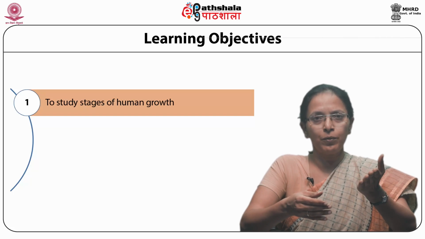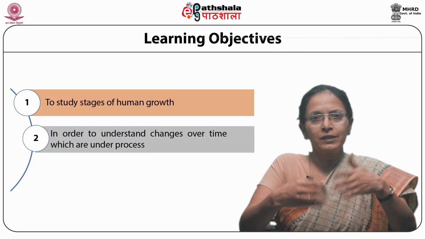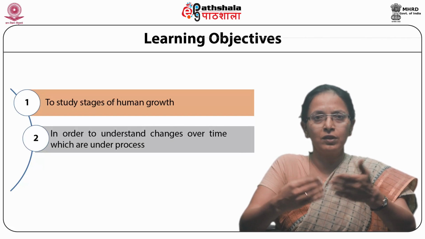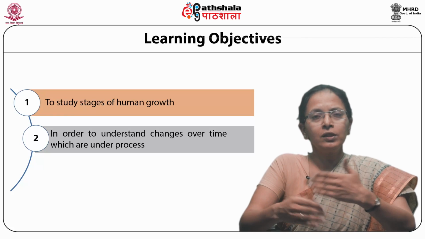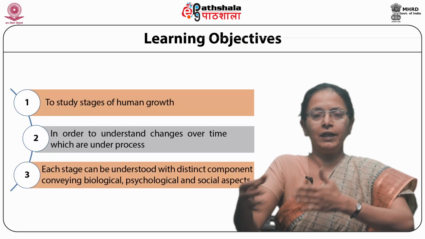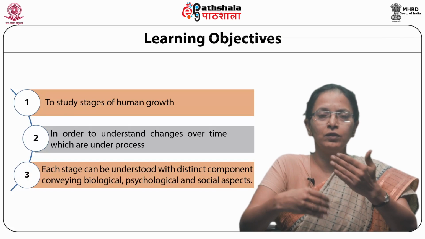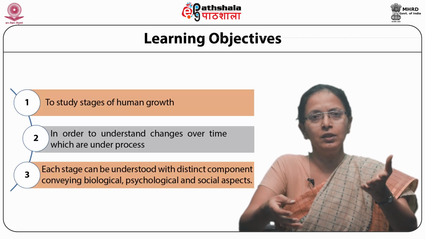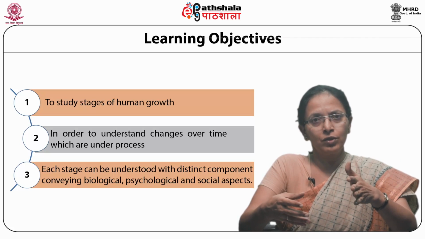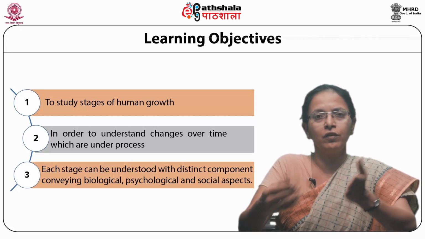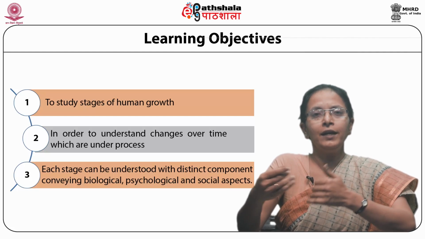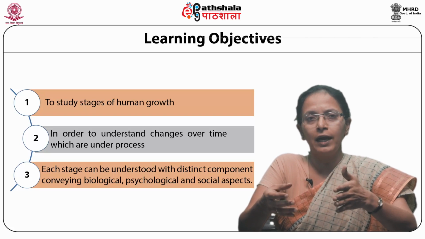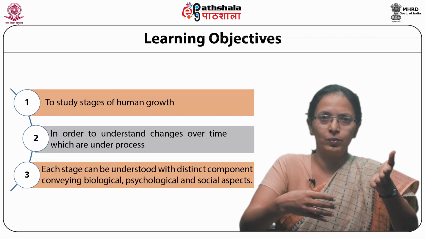Besides this, we are supposed to understand the physical and physiological changes along with these different stages of life. All these stages can be understood in terms of biological changes, that is the physical, physiological and sexual maturation during the different life cycle stages, and also the psychological and social aspects.